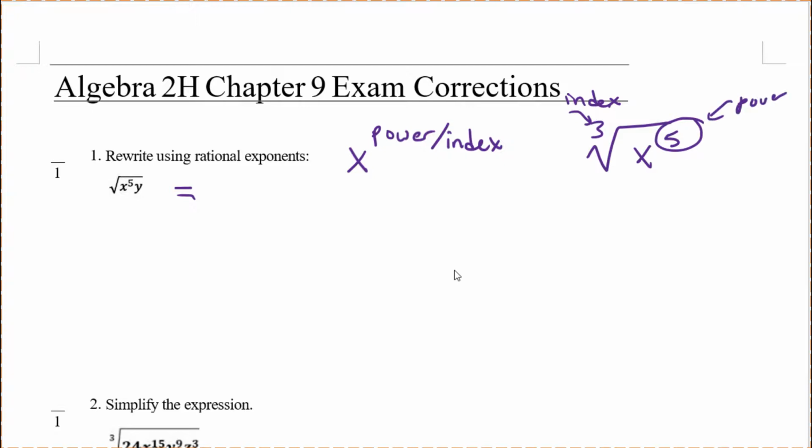In this example, the index is an invisible 2 since we're dealing with a square root. So we have x to the power over index, y to the power over index, for y the power is 1. All right, so that's all they wanted. They wanted you to just rewrite it using rational exponents.